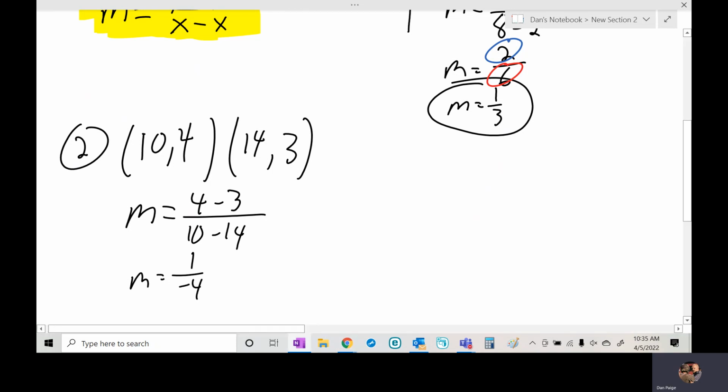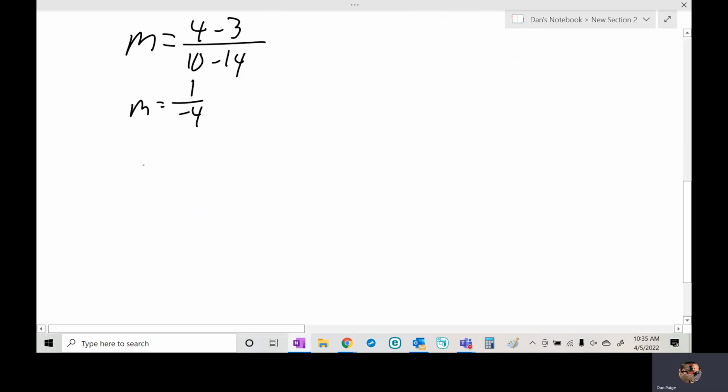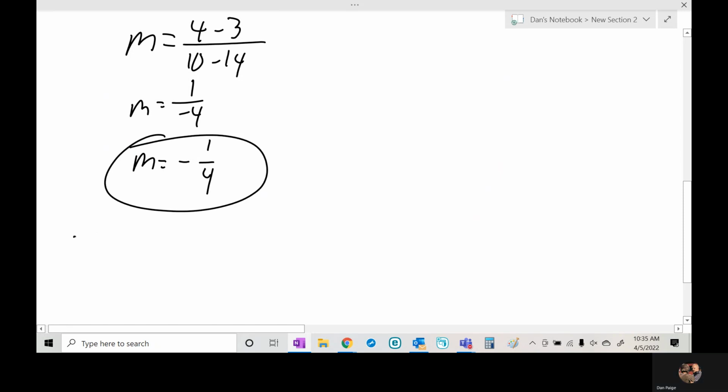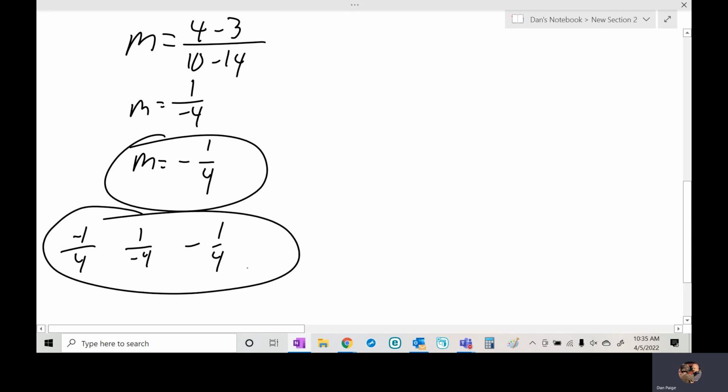Negative 4. So this slope, the common way to write this out is negative 1/4. Now, here's one thing for you guys to know. These are all synonyms. Writing negative 1/4, 1 over negative 4, or a negative of 1/4, all three of these mean the same thing.